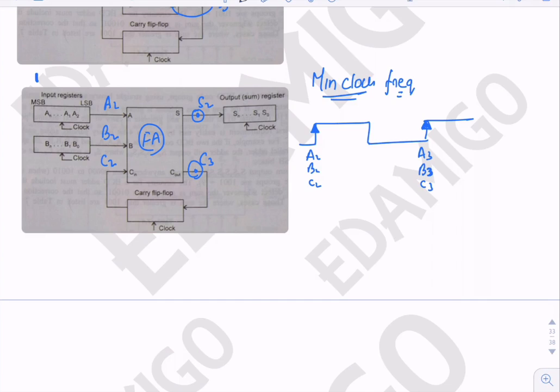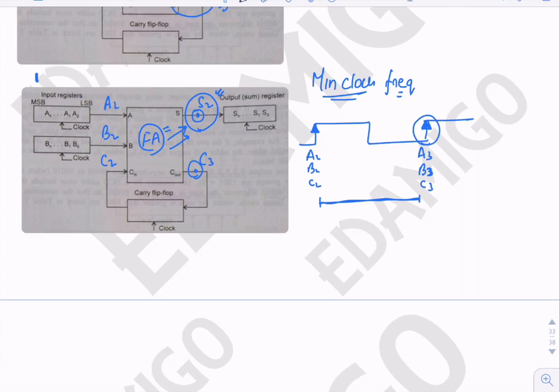Okay, now if the time period of this clock is less than the time taken by this full adder to produce the output sum, that is S2, then if this clock comes before the full adder is able to make the output sum S2, then obviously this output sum S2 will get corrupted.